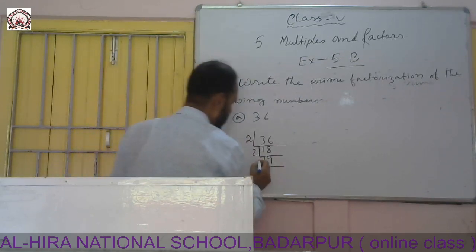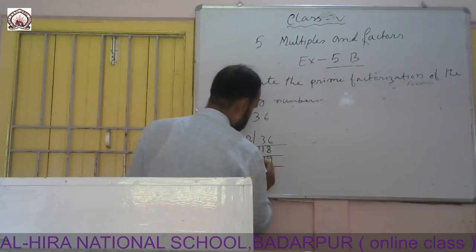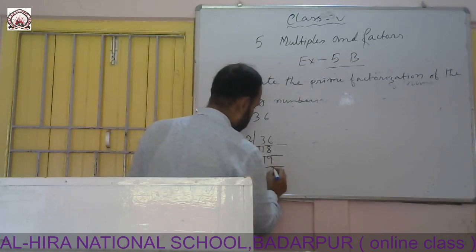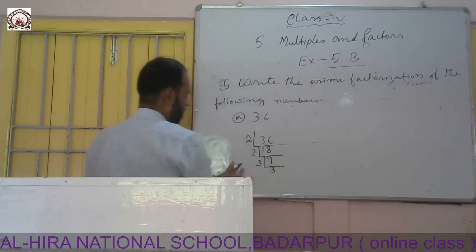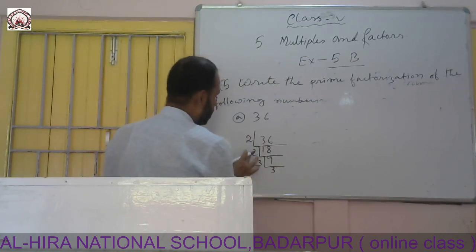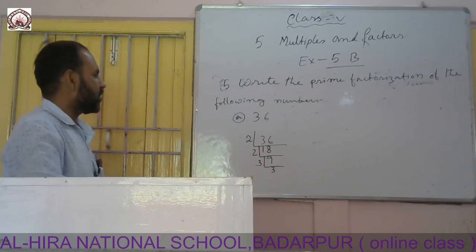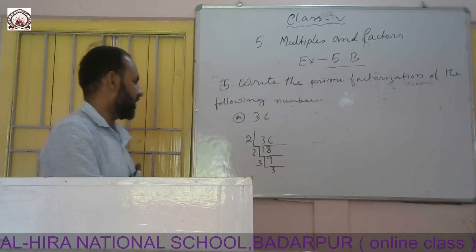So we have to try 3. 3 3s are 9. So here we see 2, 2, 3, 3. The prime factors of 36 are 2 into 2 into 3 into 3.